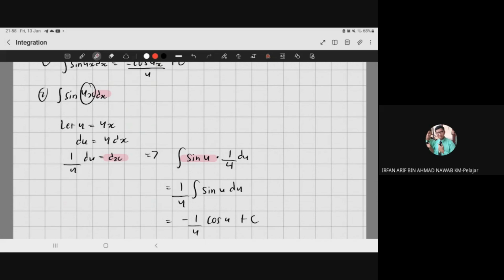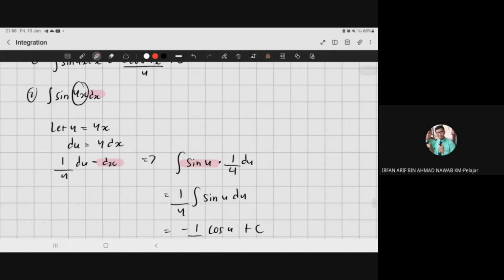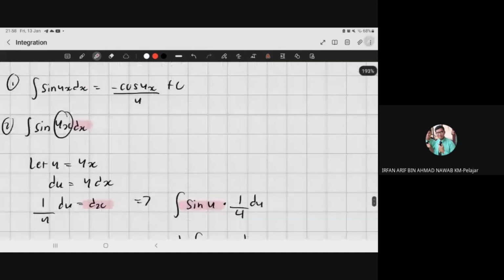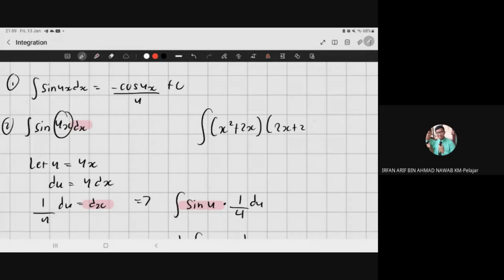But here, that is the only option you have if you want to use substitution. Unless you are dealing with other functions. So let's say you integrate x squared plus 2x times 2x plus 2 dx.